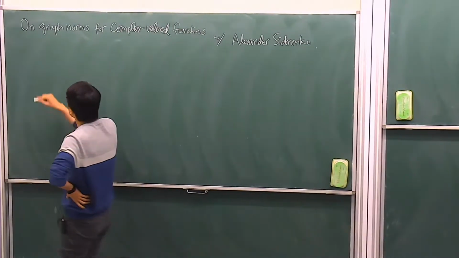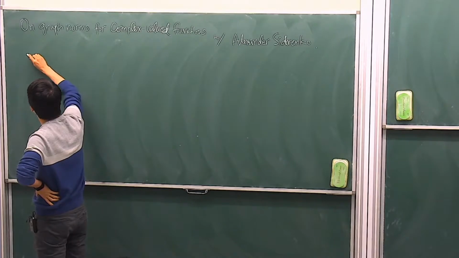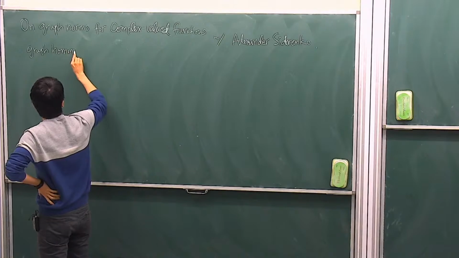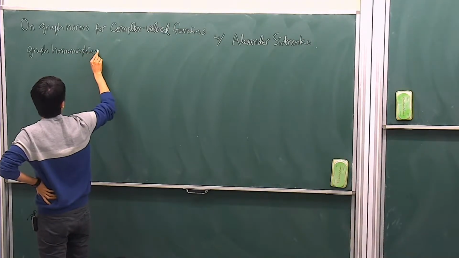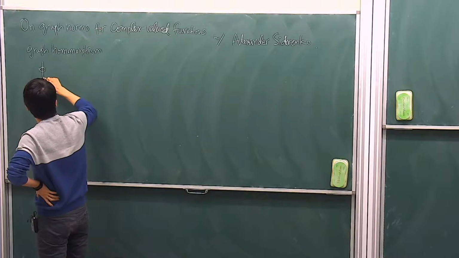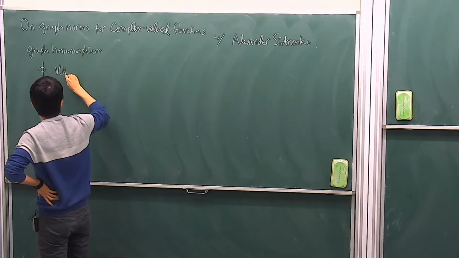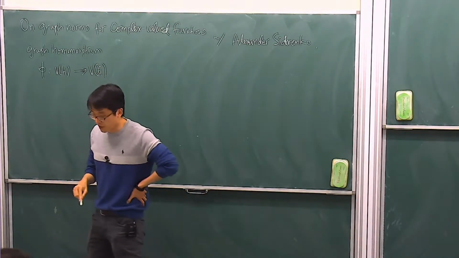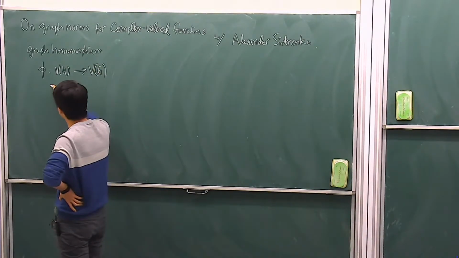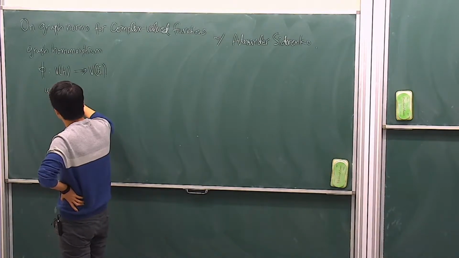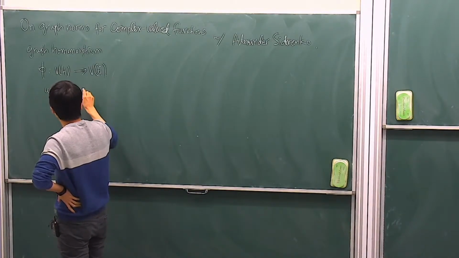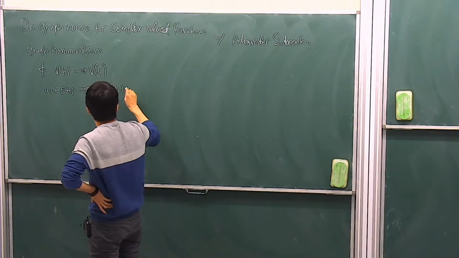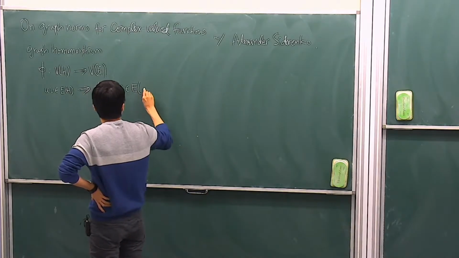Okay, let me start by defining graph homomorphisms. Graph homomorphisms are vertex maps from a graph H to another graph G that preserve adjacency, which means whenever I have an edge here, the image of the edge is again an edge.